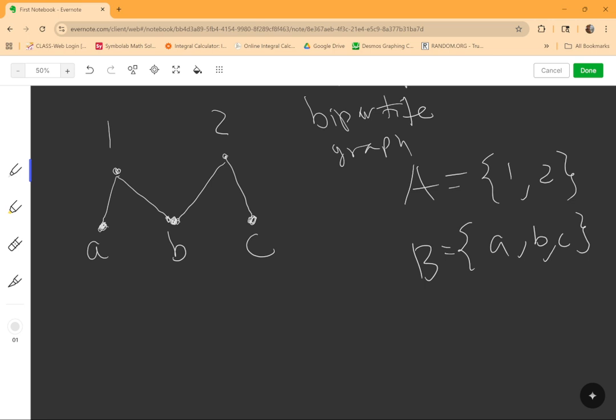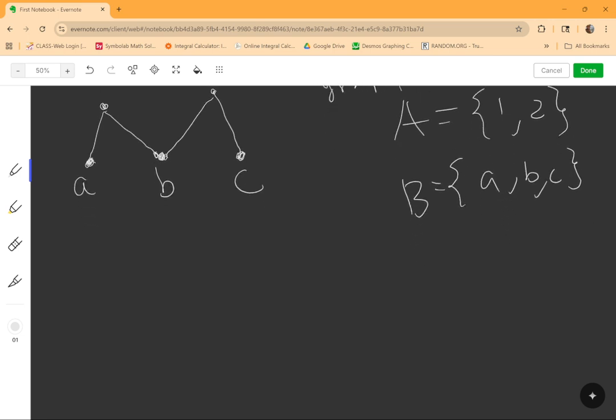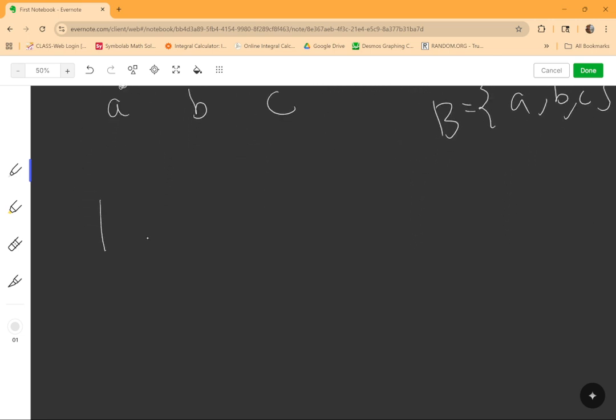Now, it is not a complete bipartite graph. That would look more like this. We can add edges to make a graph complete, so we'll do that here.